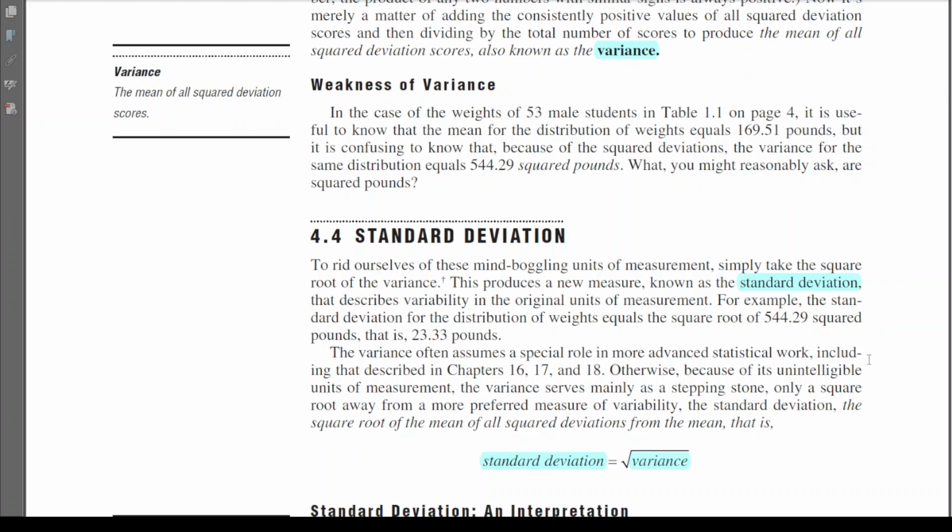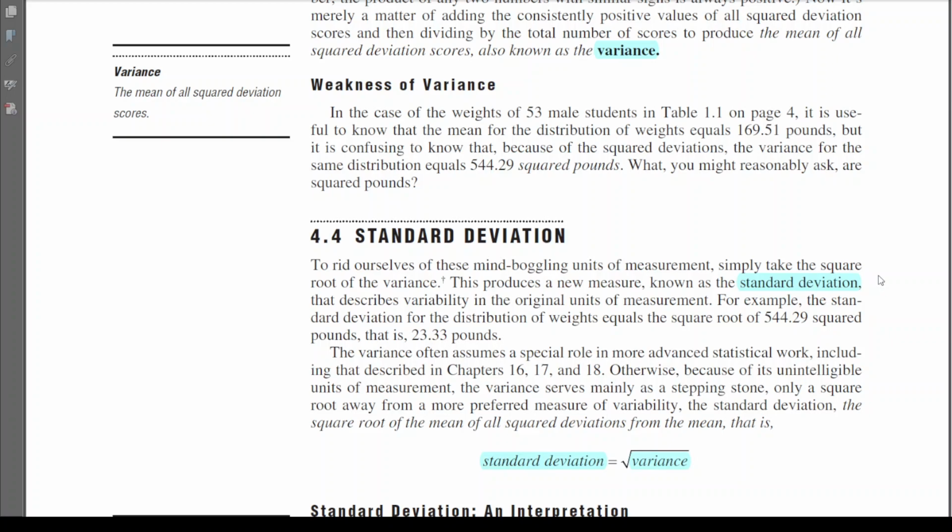To get to a better metric of variability, we come to a metric known as standard deviation, which is a very important measure of variability, used thoroughly throughout statistics. To rid ourselves of these mind-boggling units of measurement, simply take the square root of the variance.